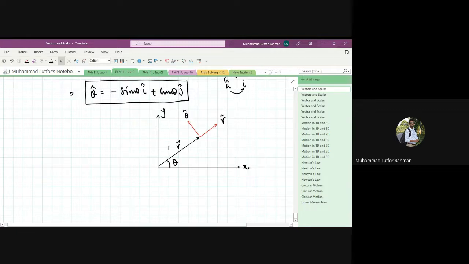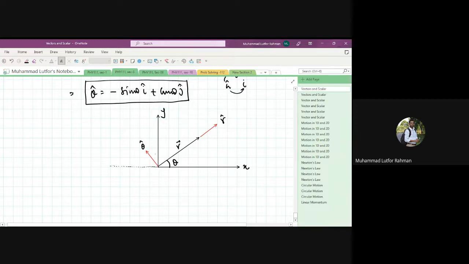Now what I can do, I can shift this theta hat from here to here without changing the magnitude and the direction. I can do that, right? So I can shift it over here. If I do that, then I can also extend this negative x-axis.